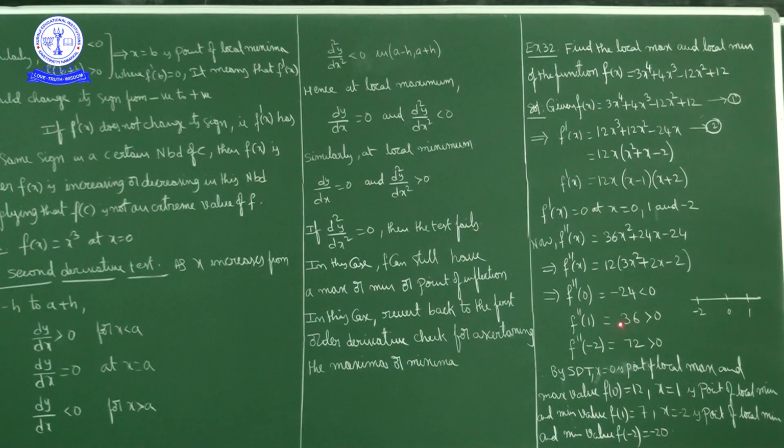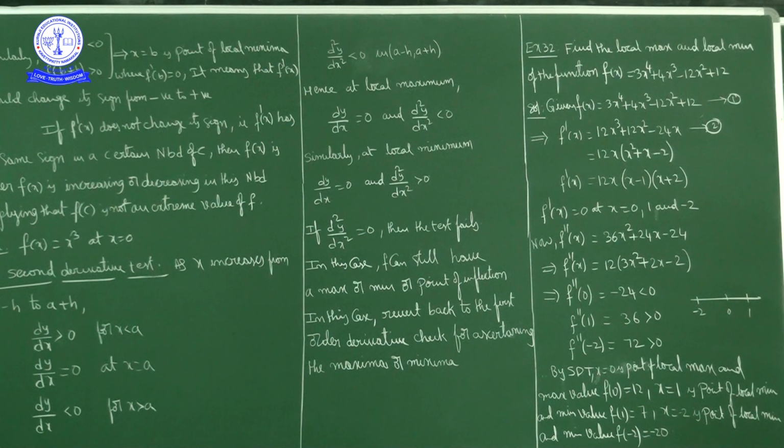So f double dash of 1 is 36, which is positive. Now f double dash of x is positive at a point where f dash of x equals 0, so x equal to 1 is a point of local minima.